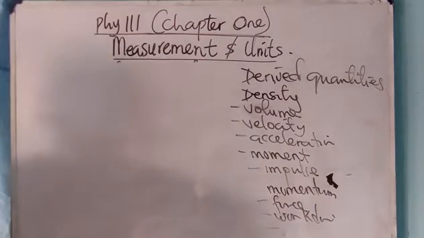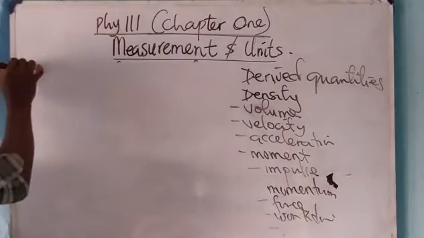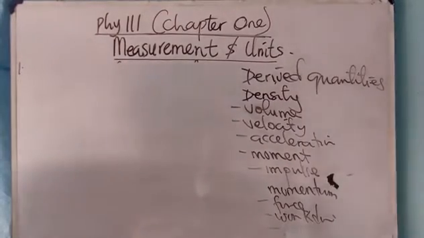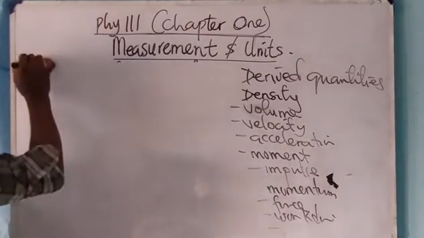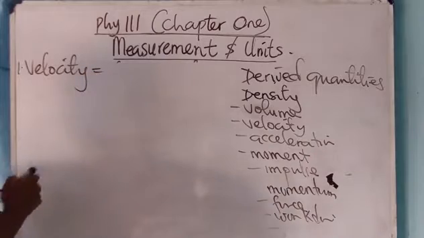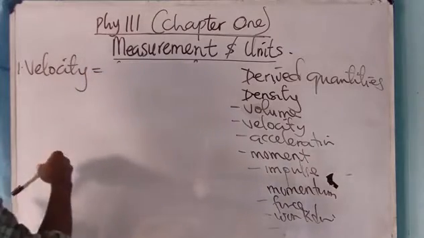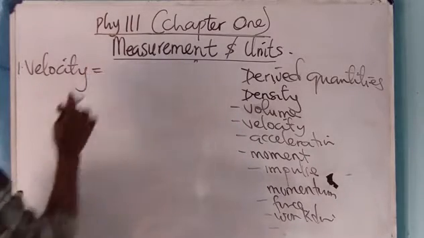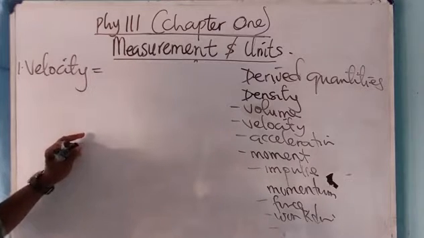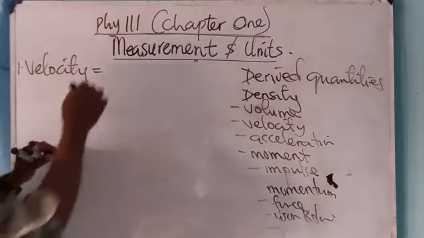Now, let us start with number one. What is the dimension of velocity? It's very simple. Velocity means change in distance per unit time, or with respect to time.